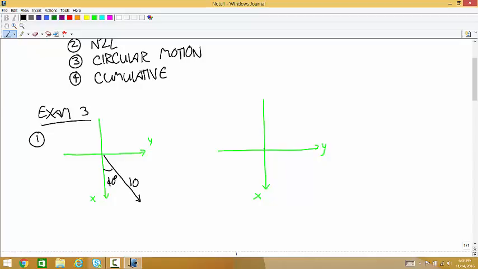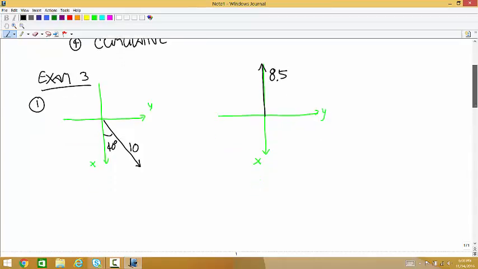And then there was another one that had a magnitude of 8.5. And so in this coordinate system, the angle that we need for this vector with a magnitude of 10 is just positive 40 degrees. It's just 40 degrees counterclockwise from the x-axis to the vector.